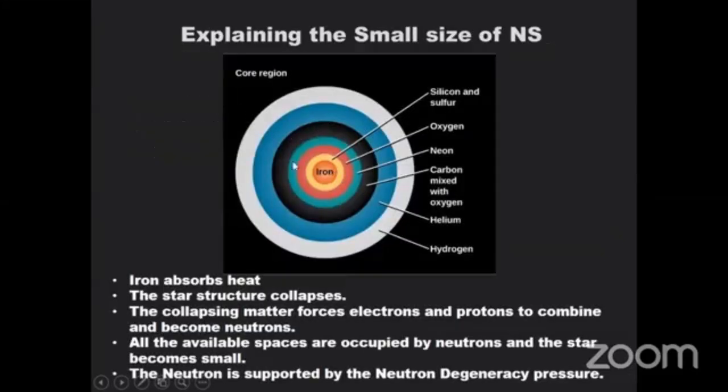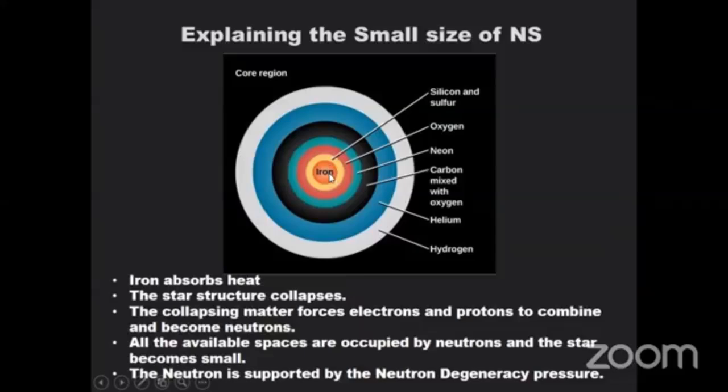Remember, for a star, when it is still fusing hydrogen, helium, carbon in the core, okay? As it is fusing up to the level of silicon, silicon fuses to iron. Now, the energy content in the core of the star is not able to fuse iron to other higher elements, okay?